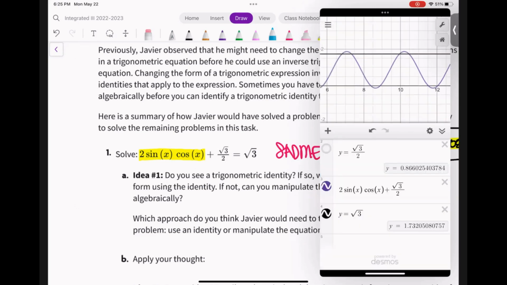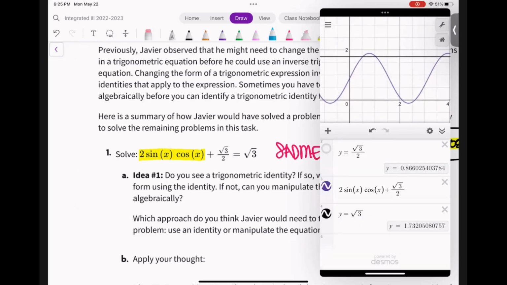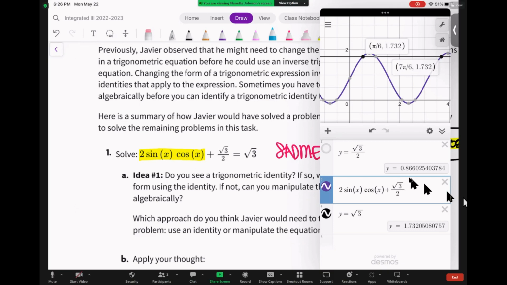And if you notice, where's my 0? There it is. If you notice, your answers are pi over 6, 7 pi over 6, and you're getting the same values for our x. Okay. And if you're wondering what that 1.732 is, that's this down here. That's our y. That's our other side.